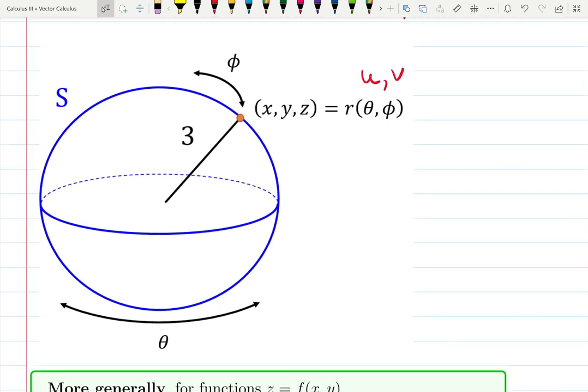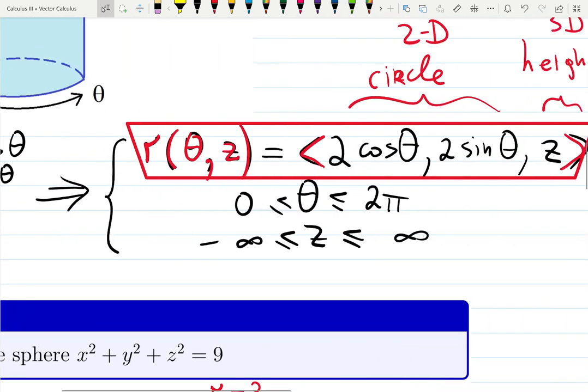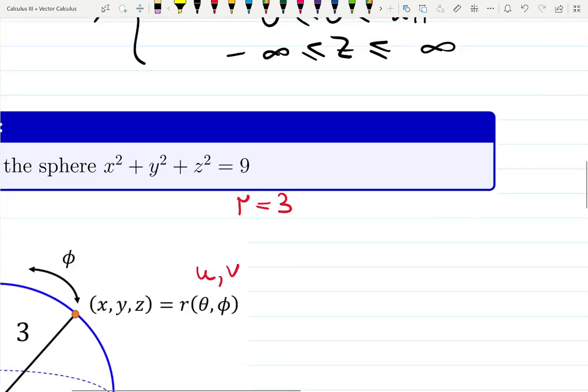Spherical coordinates here will show, as you can see in the previous example, that the radius is hidden. Somehow the radius was not even in the list of variables. That makes sense because the radius is fixed. The radius is 3.